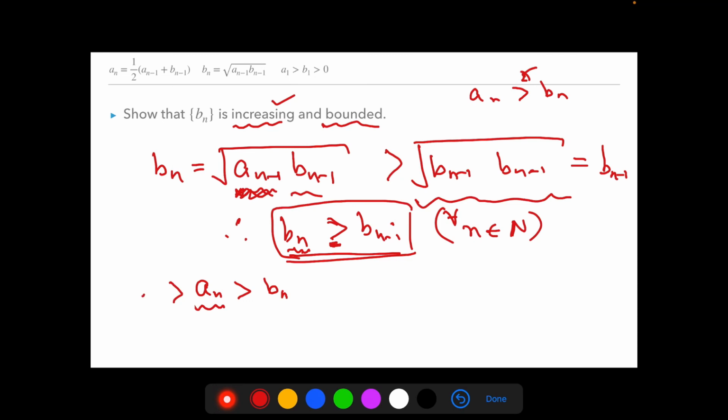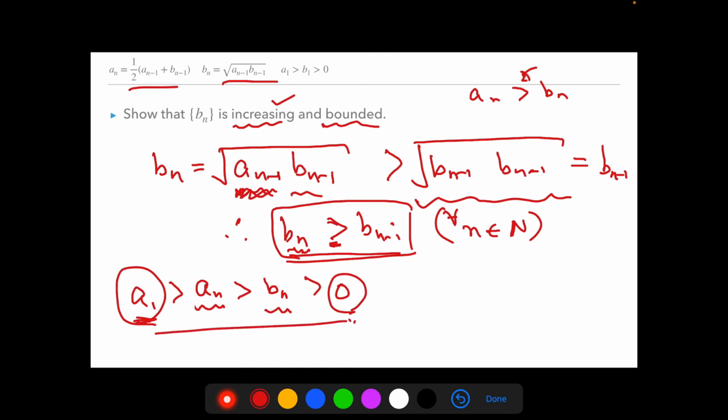We've shown this in the previous slide. And the maximum is a sub 1. And we also know that these terms are all positive, right? And therefore, b sub n is bounded above by a sub 1 and bounded below by 0. And therefore, b sub n is bounded. And thus, it's convergent.